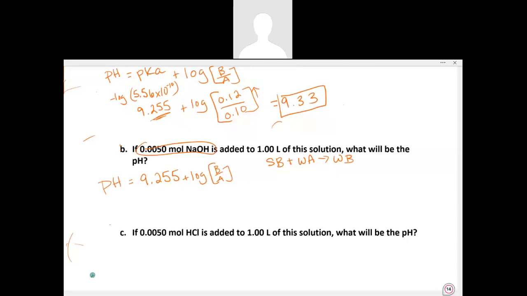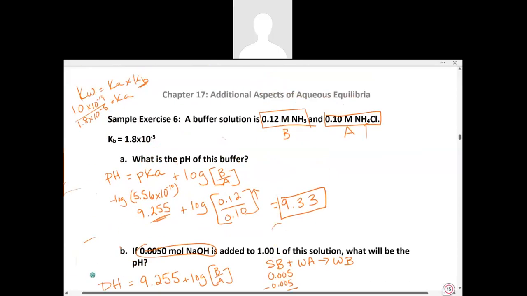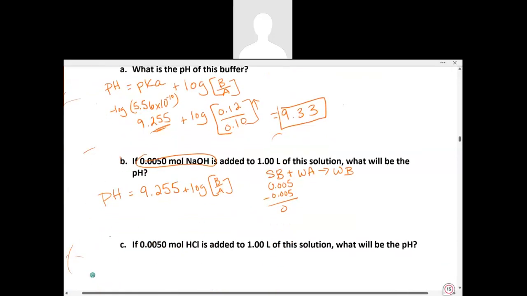So let's take a look at the values that we're given here. My strong base is 0.005. All of that will get used up, so I know I'll have none of that at the end. My weak acid, we'll confirm, was 0.10 to start from what information we were given above. So now we're going to subtract 0.005.